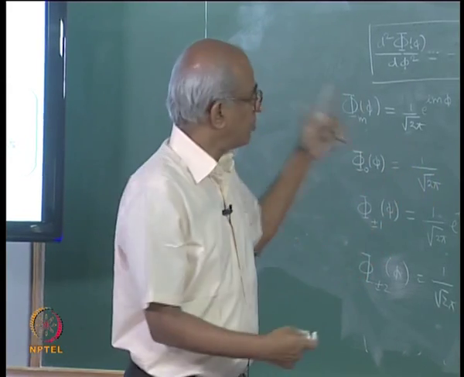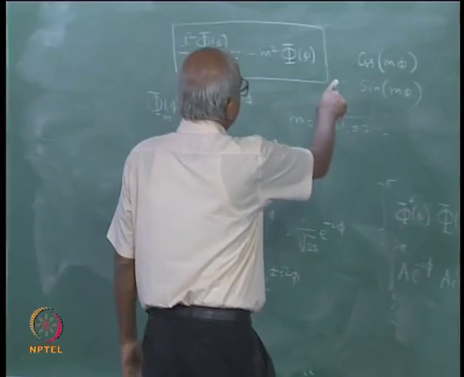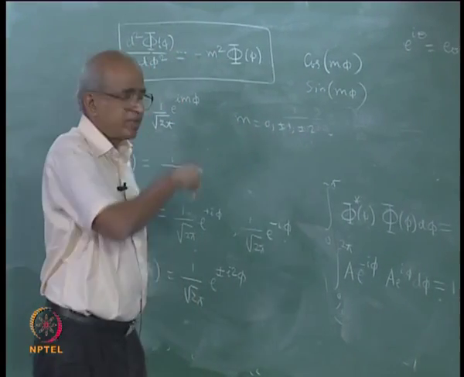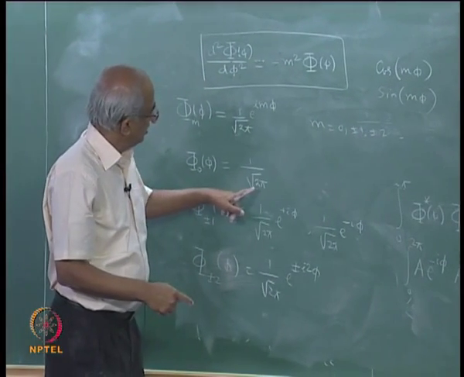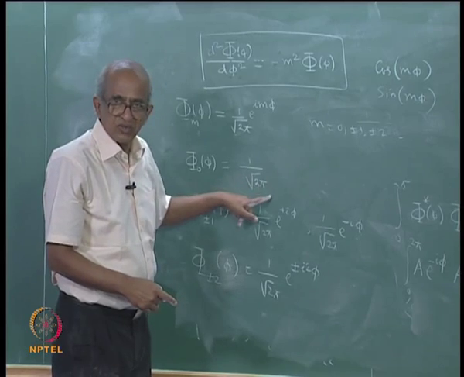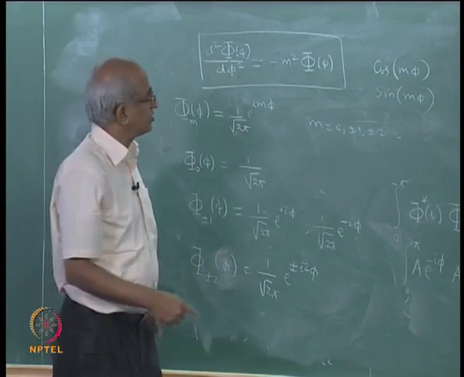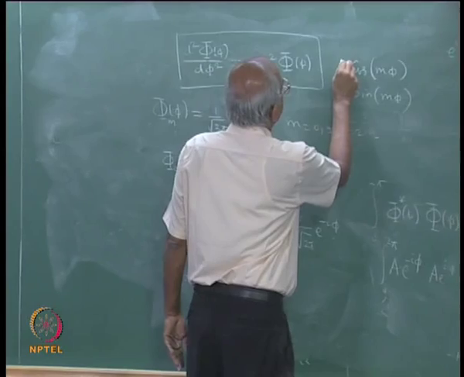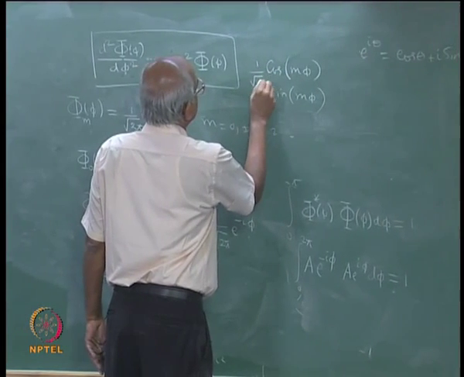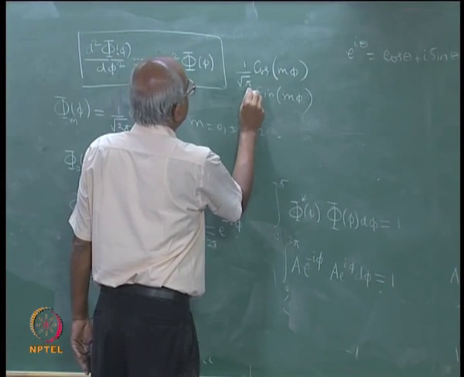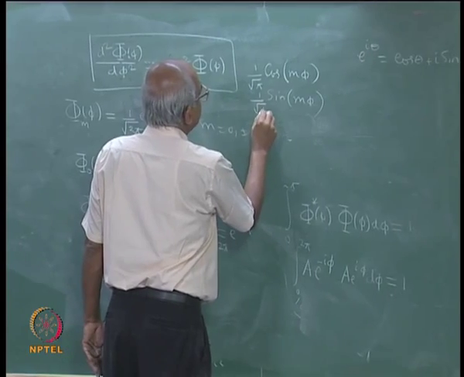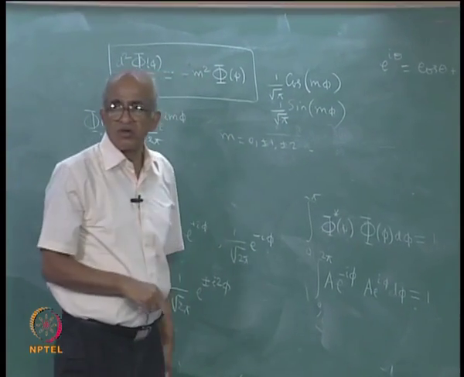So, if you want, you can adopt such a solution, and then of course it will have its own normalization factor. The normalization factor is not found to be the same as this one. You can carry out the process of normalization, and you will find that the normalization factor is 1 by square root of pi in both the cases, not 1 by square root of 2 pi.